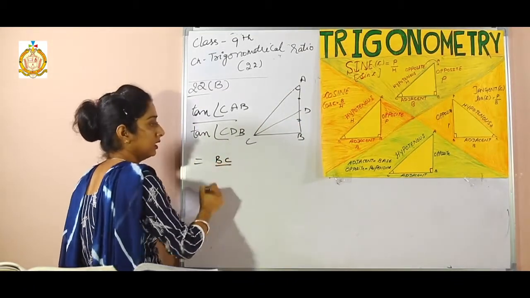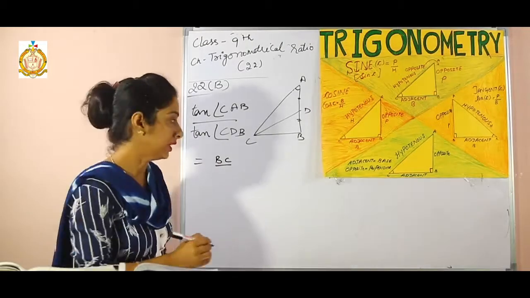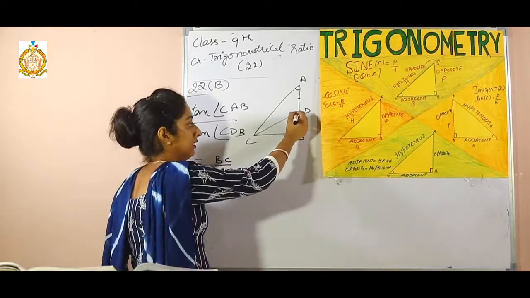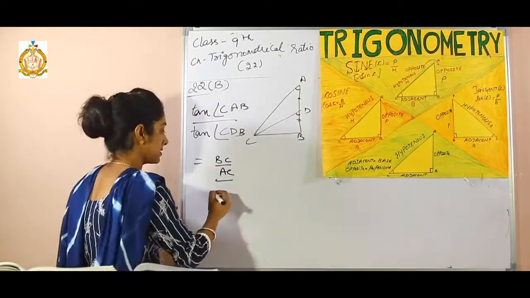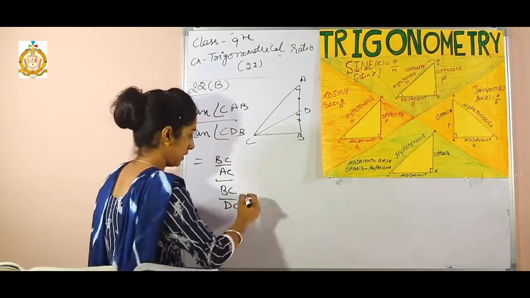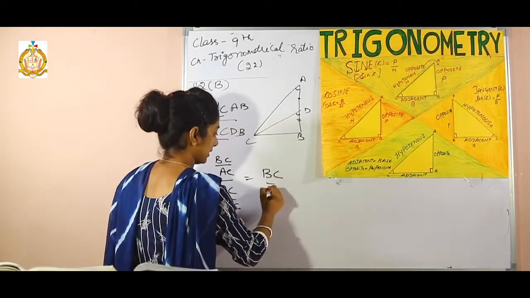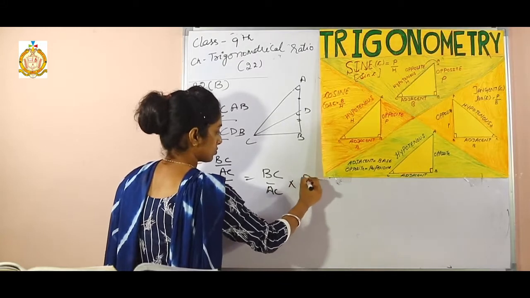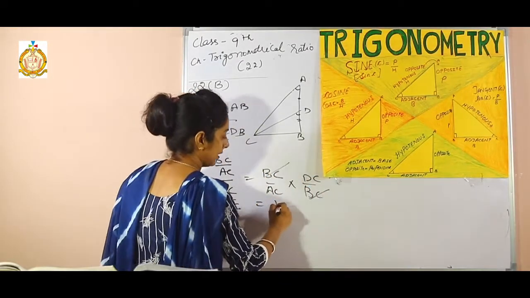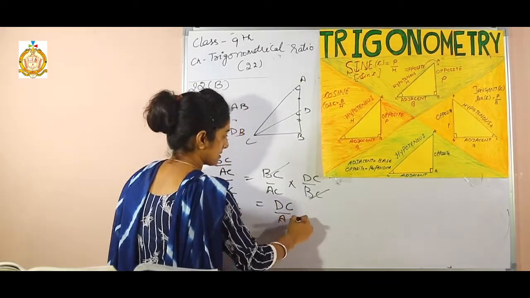So BC over AC, and when this one is the angle, then again BC is the perpendicular and DC is the base, now BC over AC is equal to DC over BC. This and this will be cancelled and we get DC over AC.